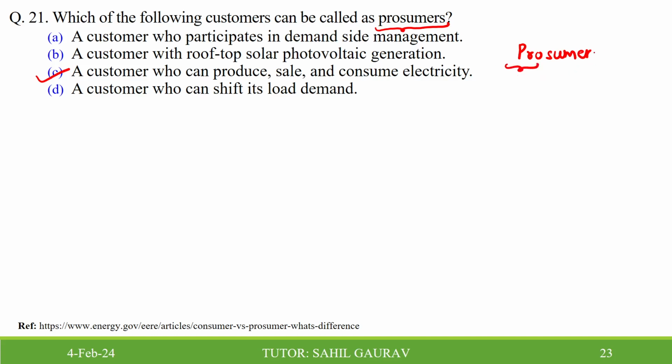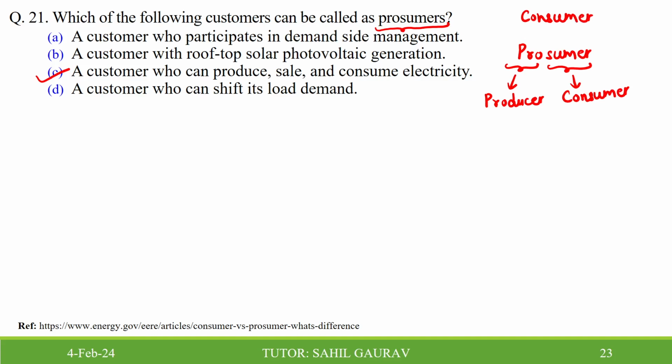Prosumer is made from two words: producer and consumer. This term has been coined nowadays, but it was not there earlier. We had only one term, consumer. But nowadays this consumer is being converted to prosumer.